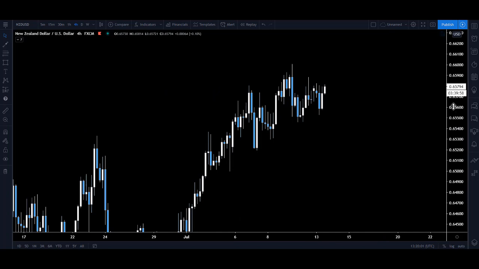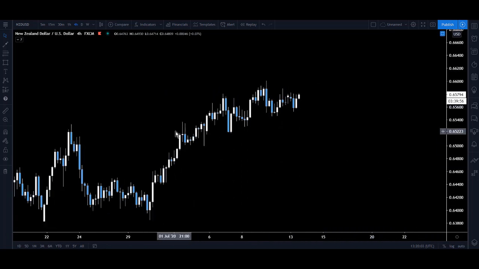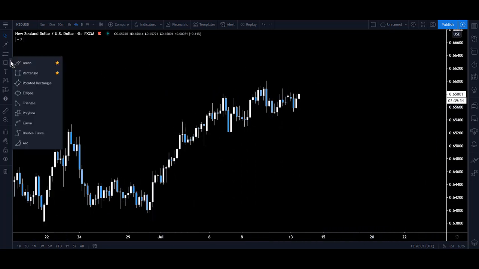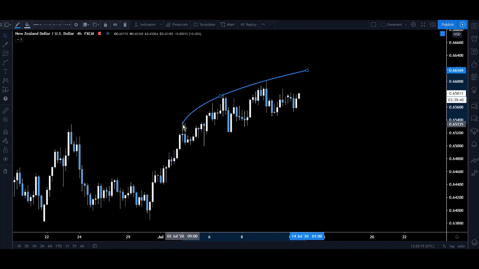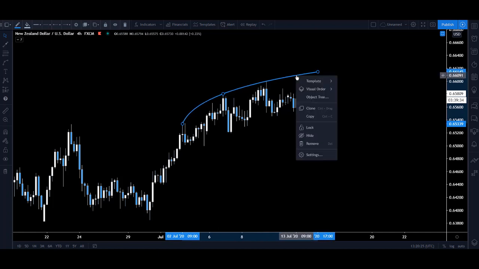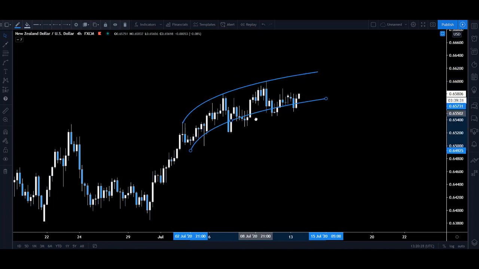To me, it actually looks like price is starting to almost curve. Now this is where I'm going to try and draw a curve, but I've never been too good at this. So we'll have a go anyway. Something like this. Kind of see price starting to curve. And can we clone that? Yeah, something like that.